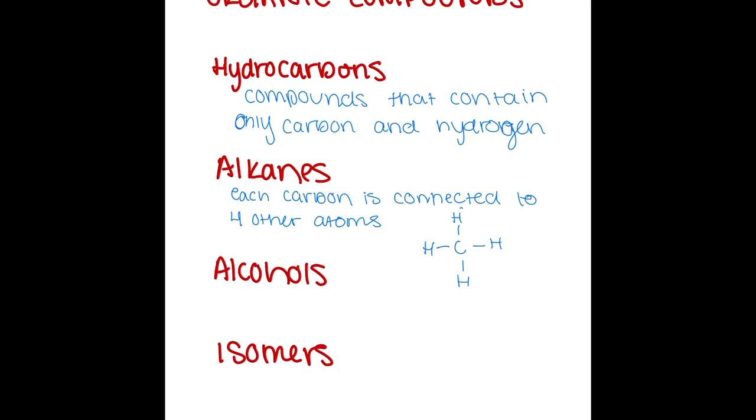After the alkanes, there's another specific group within the alkanes that makes alcohols. So it's called a functional group, and that's basically just when one part of it is replaced by specific groups.